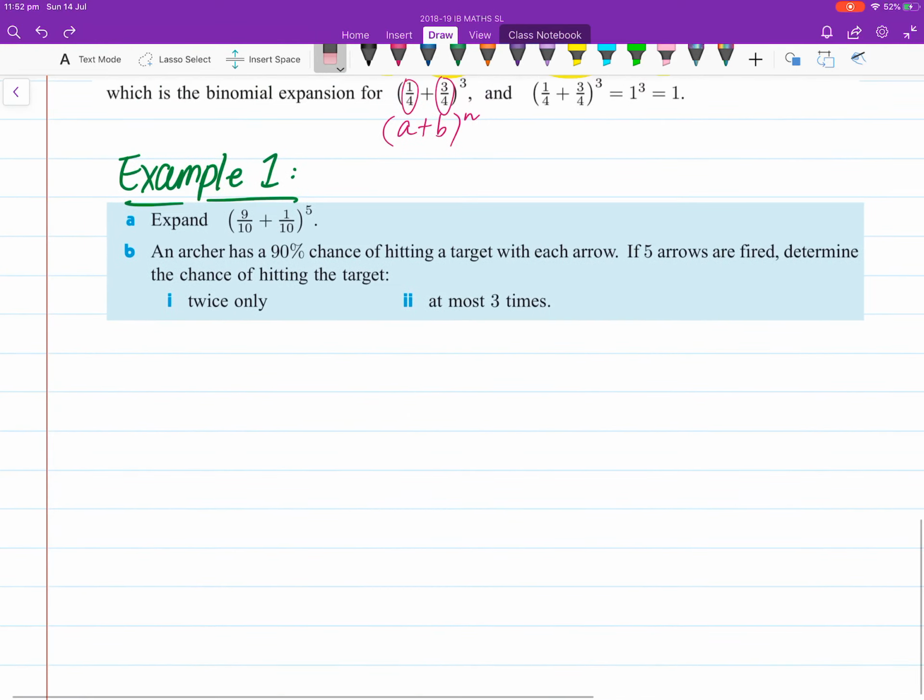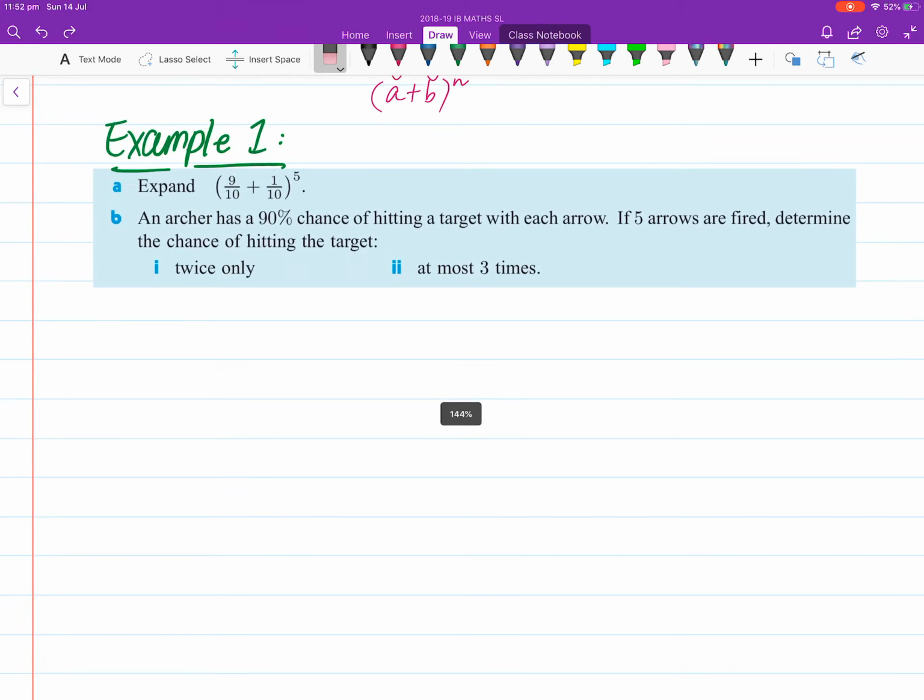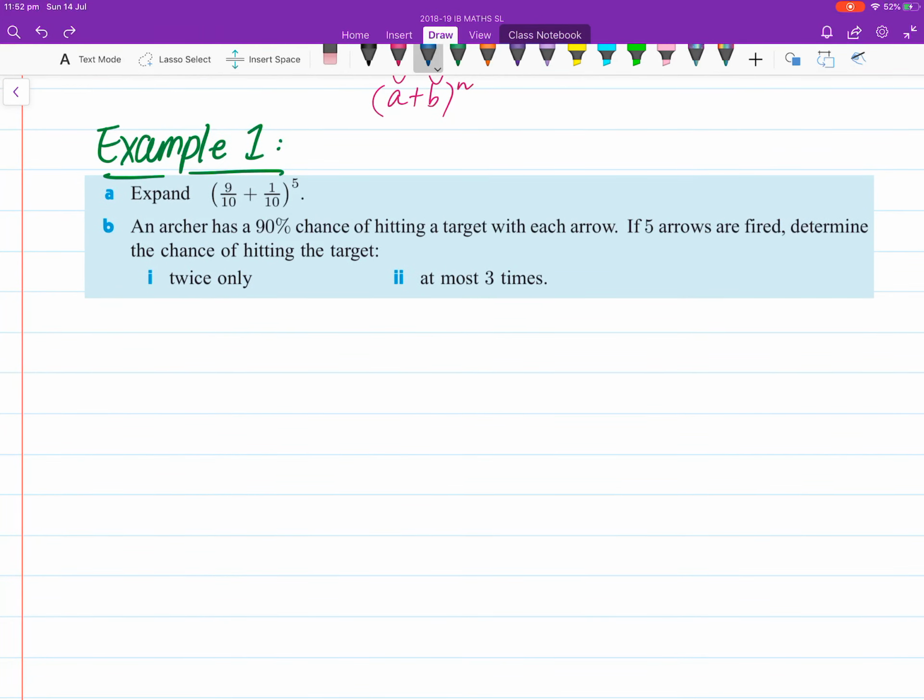Okay, let's do an example together, and then you can just practice. So here it says expand 9/10 plus 1/10 to the power of 5. Okay, straightforward. Let's do this first, just a bit of revision from binomial theorem. So if I've got 9/10 plus 1/10 to the power of 5, technically we've got 5 choose 0 to begin with, but we know that just gives me 1, but I'll write it out fully for you.